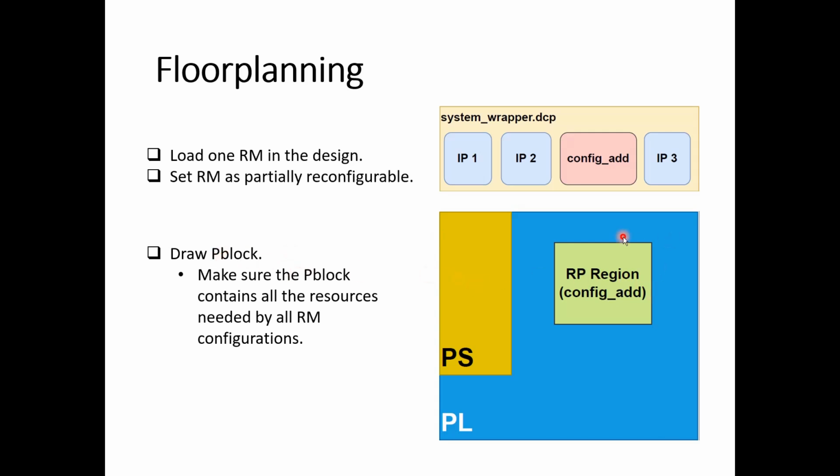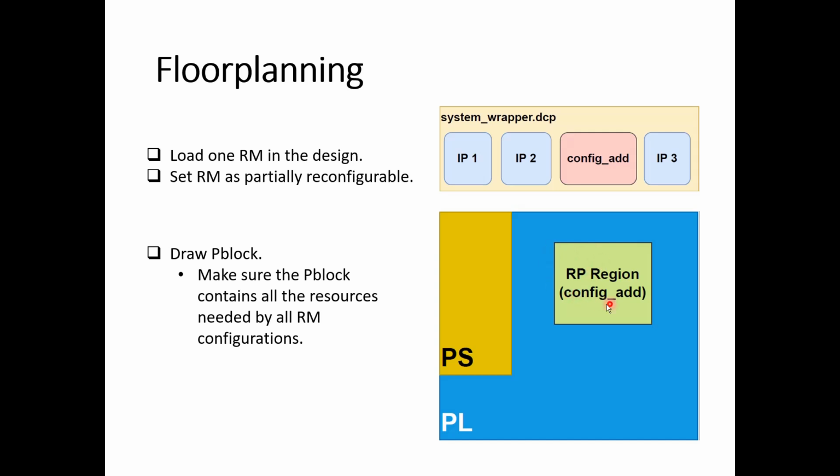Now after this is done, we tell the tool that this is the region in our actual FPGA where we want this module to be added. So we will make a P-block, a partition block, which contains all the resources needed by all the reconfigurable modules. So this is when we draw this P-block, or when we floor plan this, this is the region that will be partially reconfigured every time.